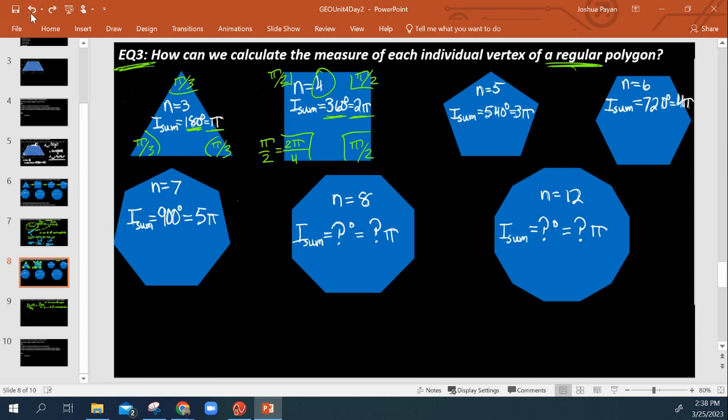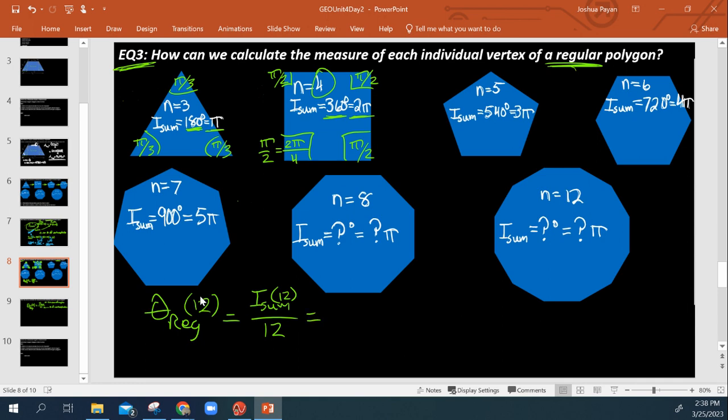But a 12-sided regular polygon, if we're going to use the formula, is going to look like this. So that's equal to the interior sum of a 12-sided regular polygon, all divided by the 12 vertices or 12 side lengths.